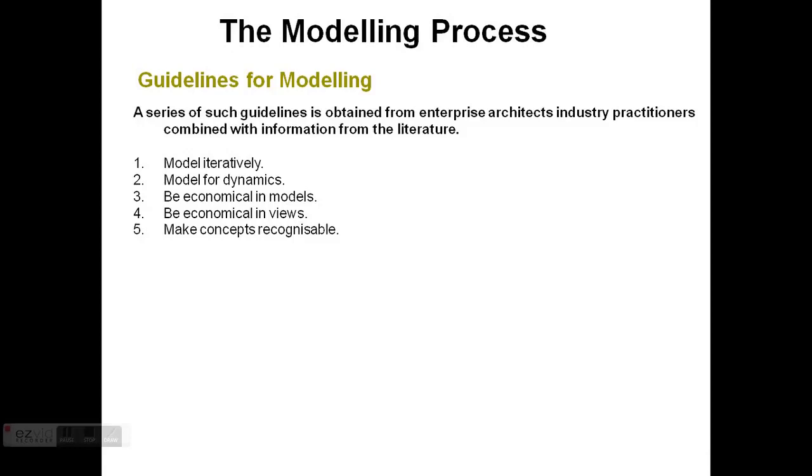Indicate concepts in a model by the same name the stakeholders apply to those concepts. So make sure the stakeholders understand your model. Make structure recognizable. Use the same type of structuring that the stakeholders apply.